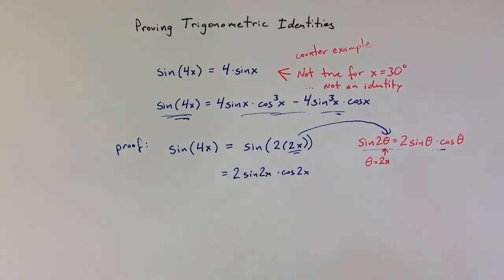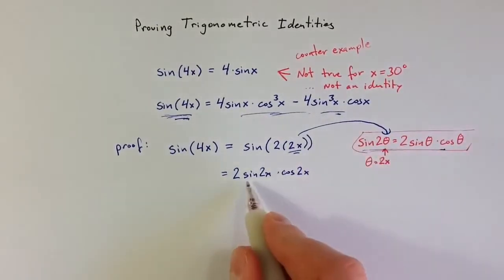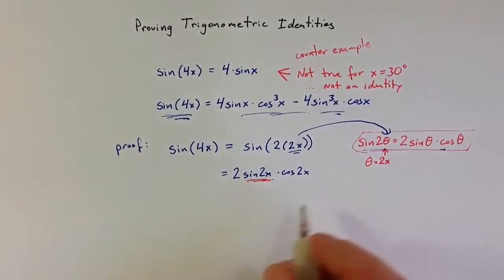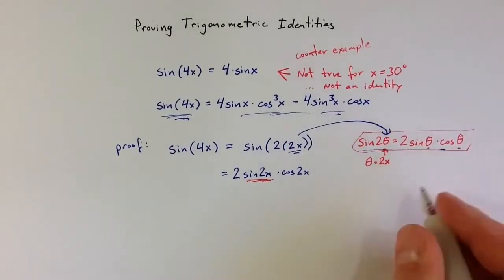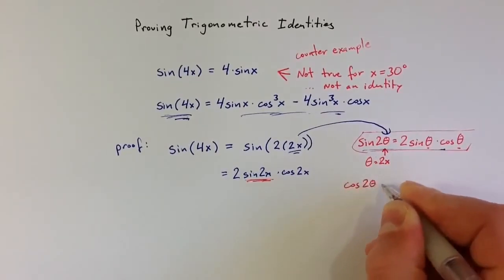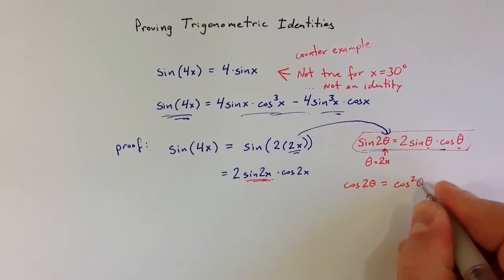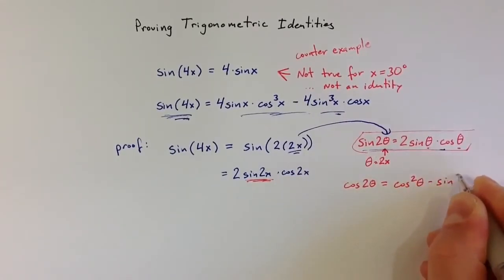So I'm using the framework of that identity to rewrite the expression. Of course, we know some identities for the double angle. I can use this again to replace sine of 2x with something simpler in terms of just x. And I'm going to use the double angle identity for cosine that says that cosine of 2x is cosine squared theta minus sine squared theta.